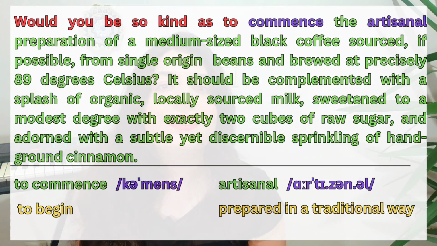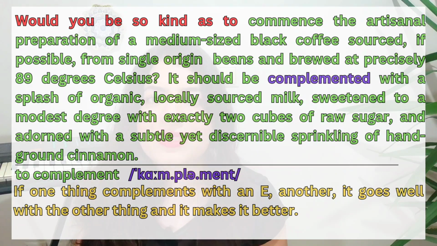We had artisanal, meaning prepared in a traditional way. We have complemented. This is the verb to complement with an E. It's different to the one with I. If one thing complements with an E, it goes well with the other things and it makes it better.